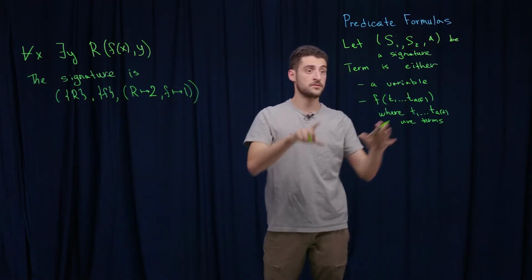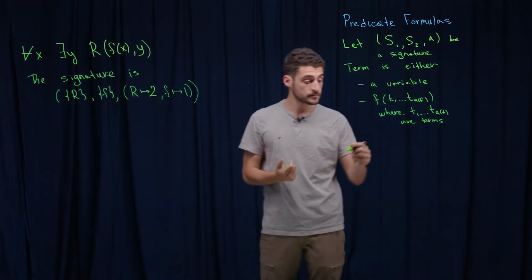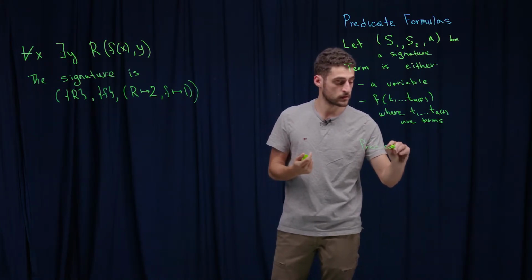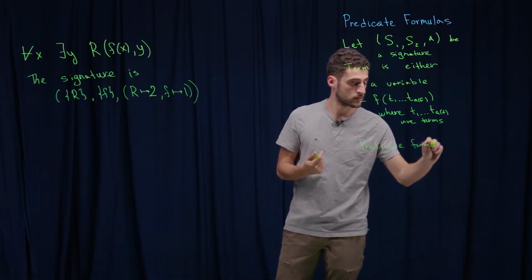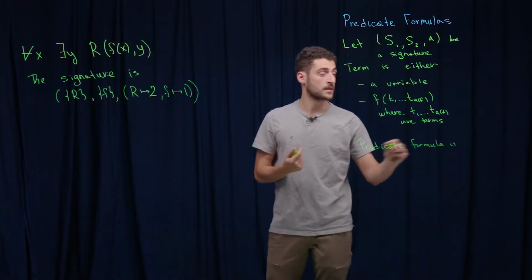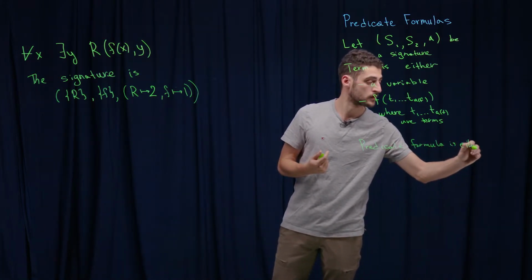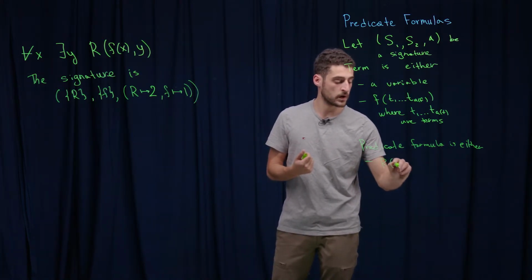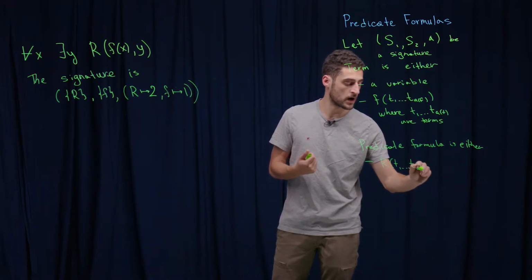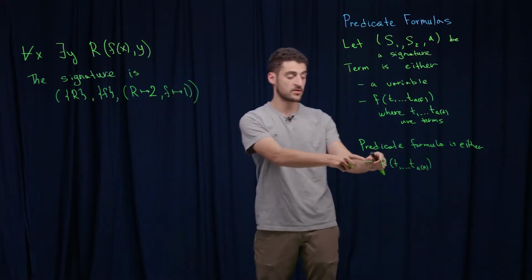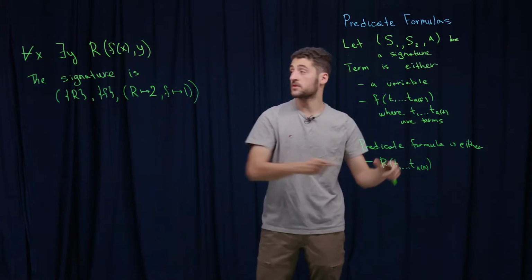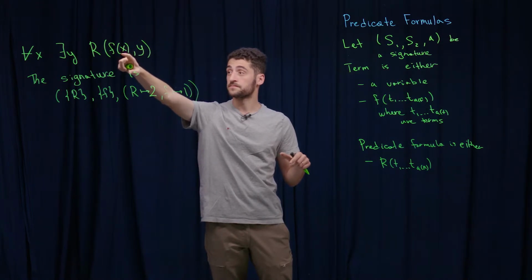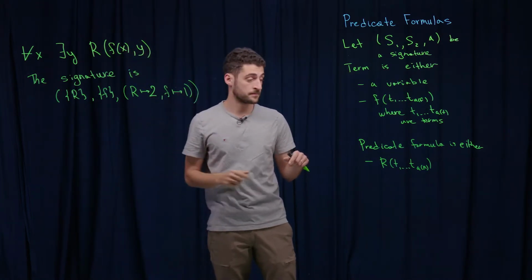And finally, when we define terms, we can define formulas. So a predicate formula is either r of t1 through t a of r. So it's a relation of some terms. For example, here, this is a formula because it's a relation of one term and another one.